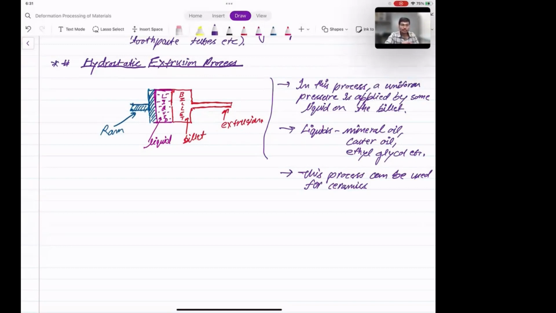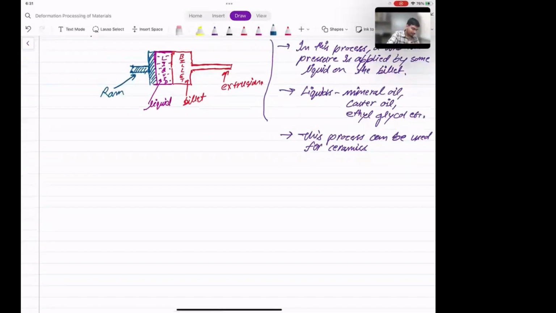indirect extrusion. Means it will be a much more constant type of curve. Let me draw it here again. Suppose we draw the graph again. We saw that for the direct one, this was like this, and for the indirect one, this graph.